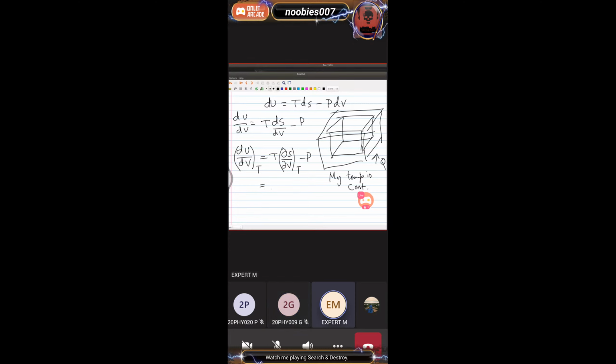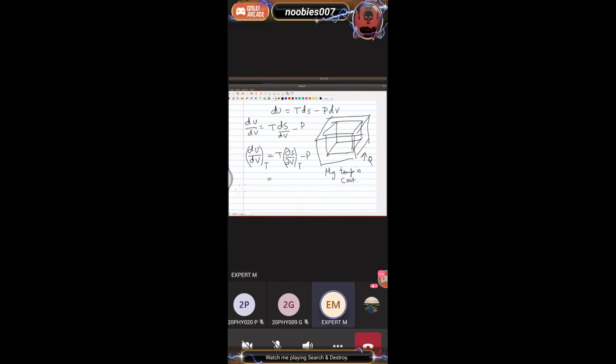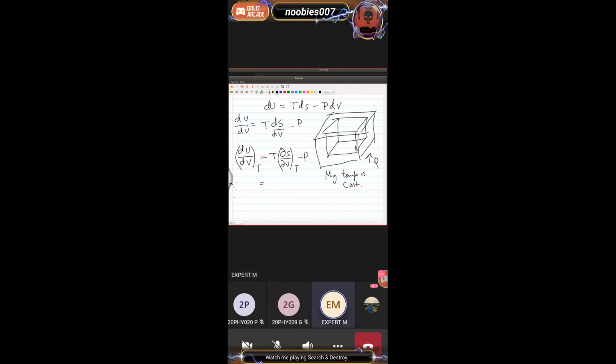And internal energy is actually a function of temperature only for an ideal gas, right? Everybody has gone through the kinetic theory of gases, right? If you have N particles and each has m degrees of freedom, then every degree of freedom will have half kT energy.